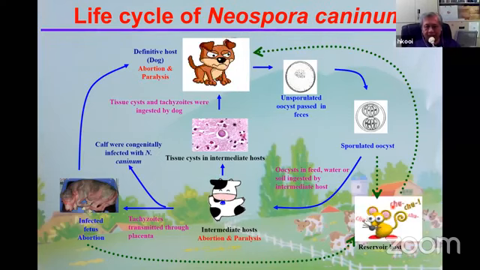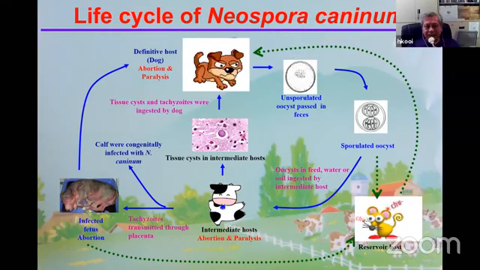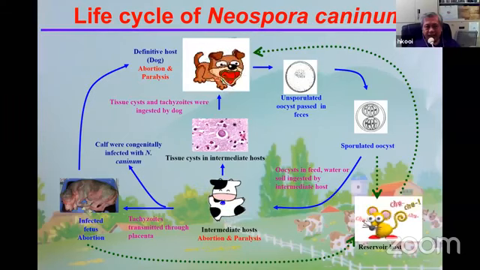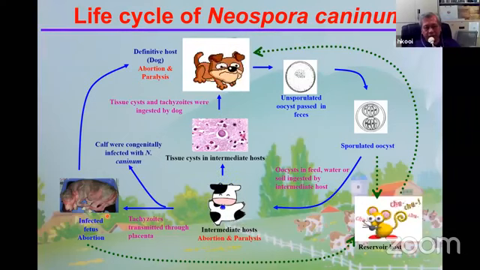Anyway, the dog will eat the rats, and then the dog gets infected. So the dog sheds the oocysts, and then the oocysts will infect the cattle, and then tissue cysts form in the cattle. The dog eats it, and it's transmitted to the dog, or when the cattle abort, the infected fetus is also eaten by the dog.